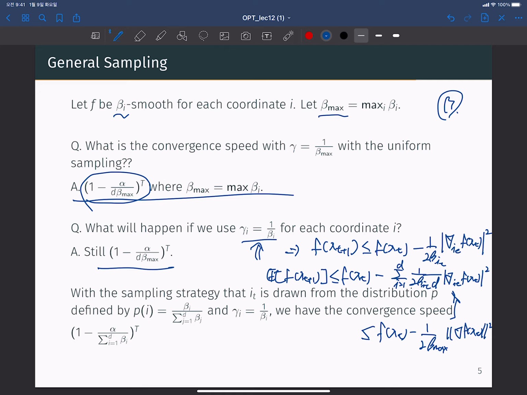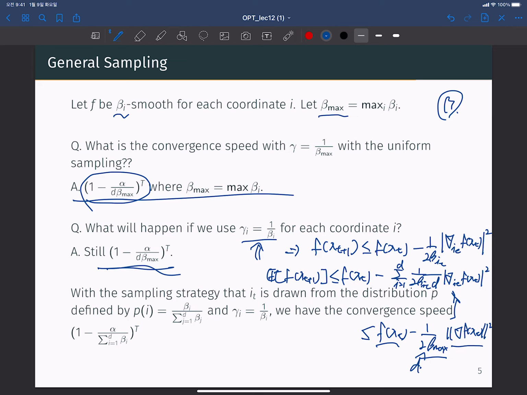So in the end we have 1 minus alpha over d times beta max, to the power of capital T convergence speed. We cannot speed up even if we use a coordinate dependent learning rate.